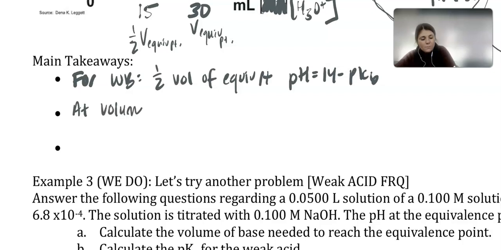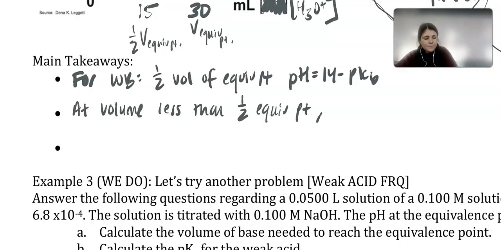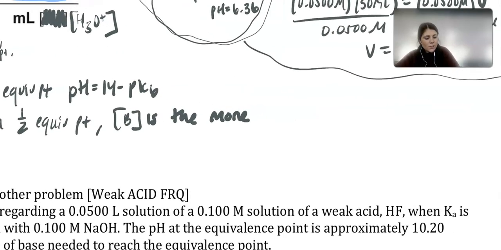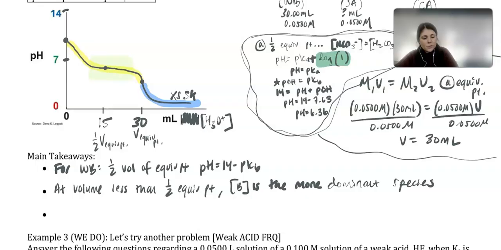Next, at a volume less than half equivalence point, the concentration of base is the more dominant species. So let me zoom out to look at my titration again. So here, a volume less than half equivalence, it's talking about this portion right here.